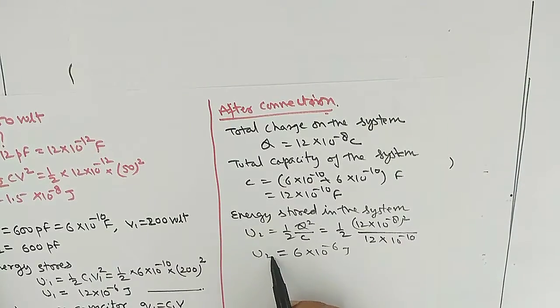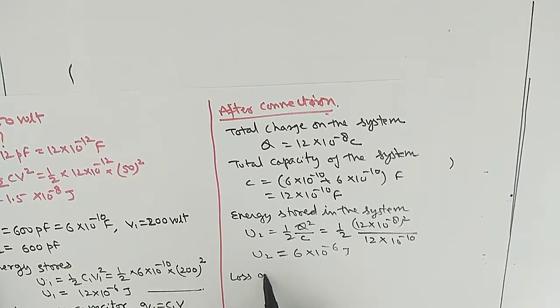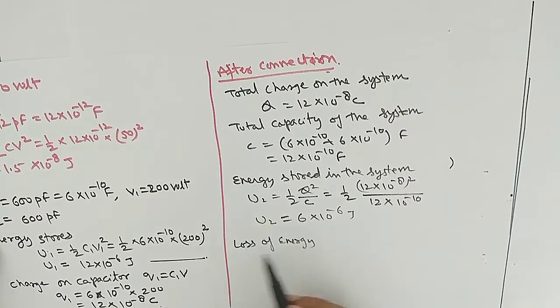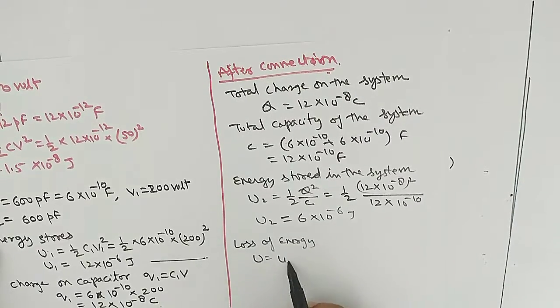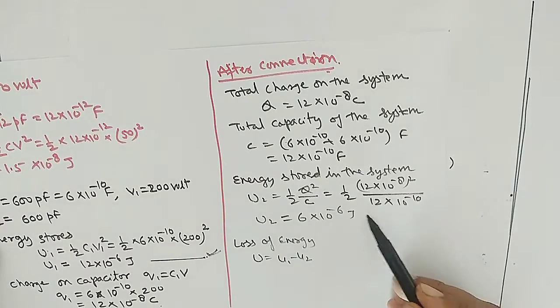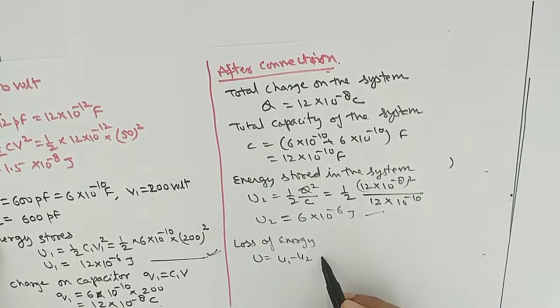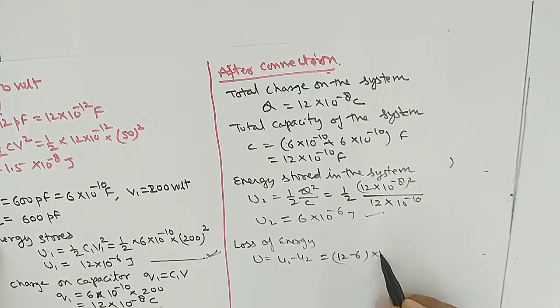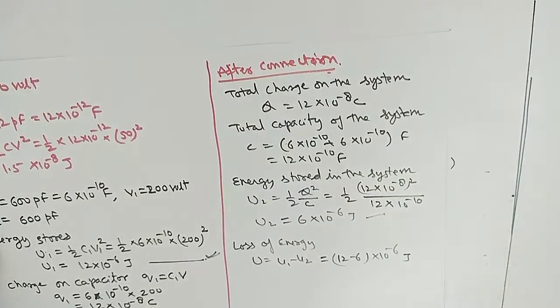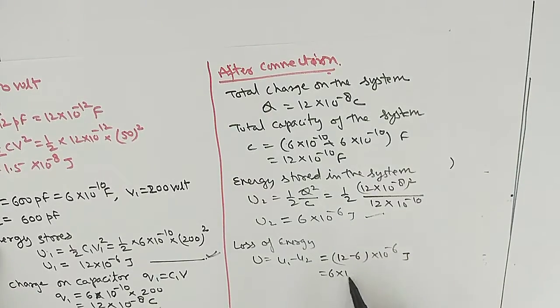This is U2. Now you can find the loss of energy: U is equal to U1 minus U2. Put the values, 12 minus 6, same powers, minus 6 joule. So the answer is 6 into 10 to power minus 6 joule.